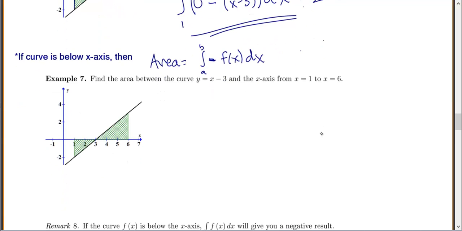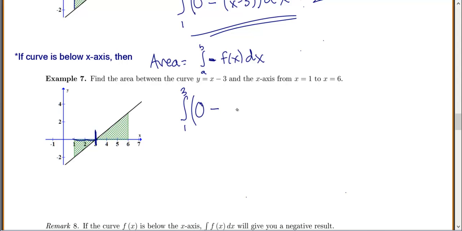Now, what if we have a situation like this, where my curve crosses the x-axis? So in some places my line is below the x-axis, sometimes it's above. So we have to split it up. We're going to split it right here at 3 where it crosses. So we'll do the integral from 1 to 3. And in this case, the one on top is the x-axis of 0.